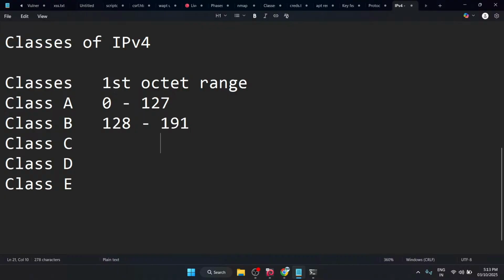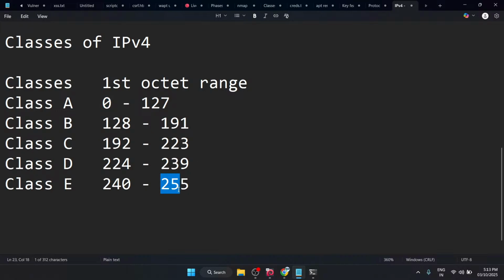Class C ranges from 192 to 223. Class D is 224 to 239, and class E is 240 to 255. So I told you every octet ranges from 0 to 255.